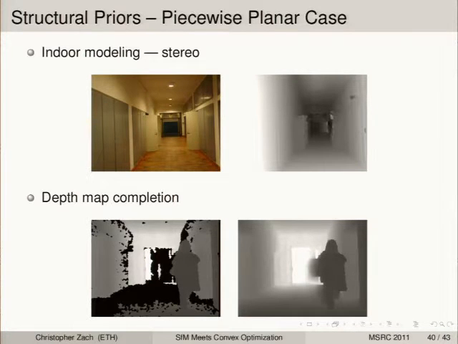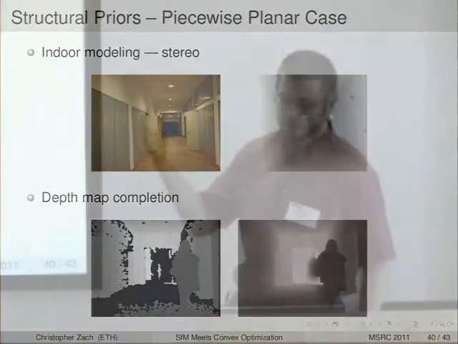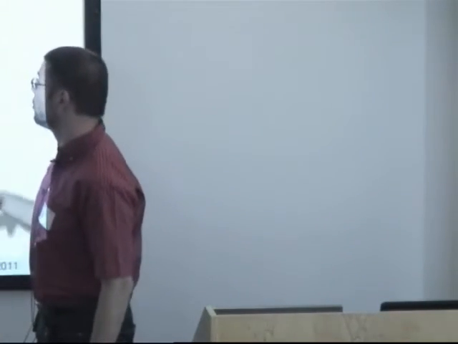Since we're interested, for this particular approach, in modeling difficult indoor environments, we apply this to indoor stereo, where we have lots of homogeneous walls, so no strong data term, and the total variation would favor piecewise constant solutions. So you would have sort of step edges in the result, and here this looks perfectly smooth.